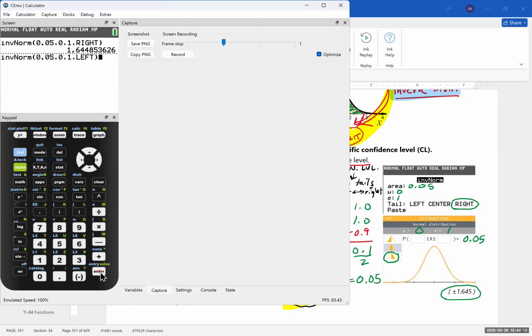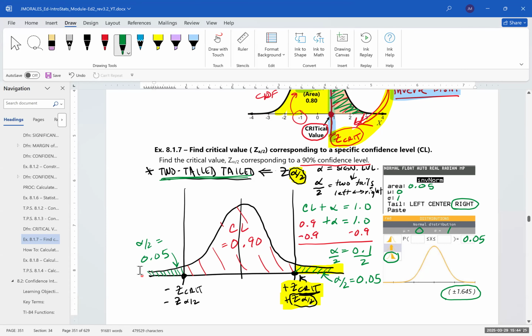Now when I paste and answer, notice it's the exact same number, it's just negative. The reason why it's negative is because we were calculating the area from the left. So the related z-score is going to be a negative value.